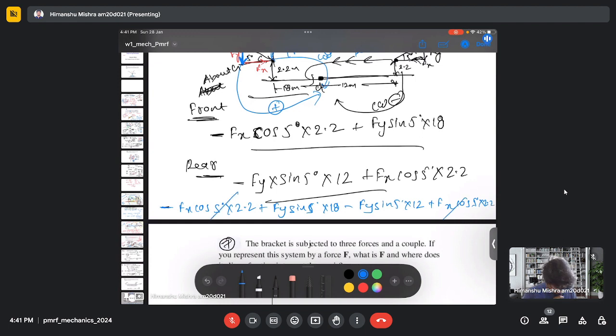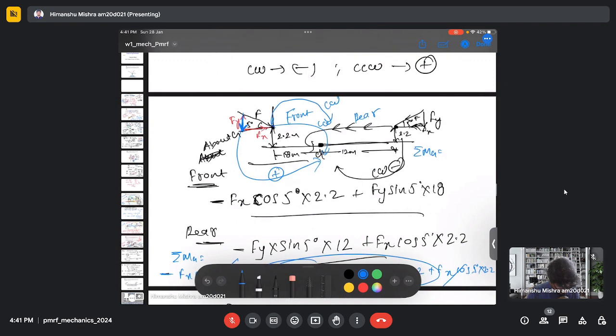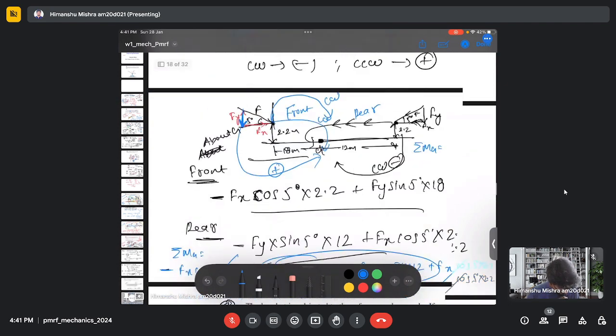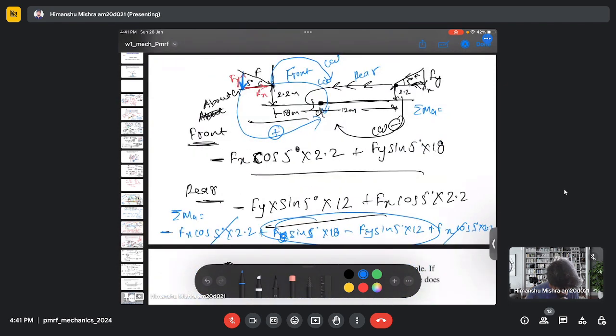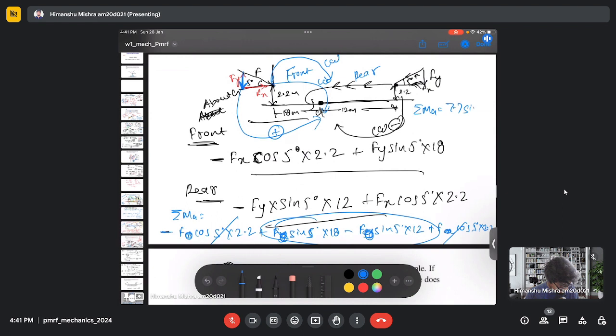So these cancel, and this is the moment around G. On calculating this quantity, we will get M_G equals, with my force 7.7, 7.7 sine 5 multiplied by 18 minus 7.7 sine 5 multiplied by 12.